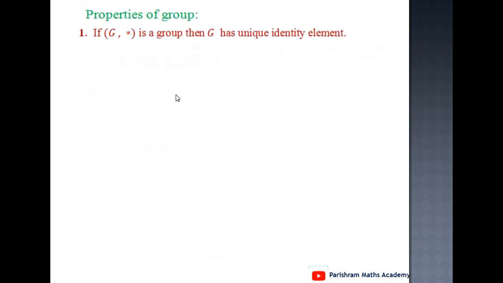Properties of group. First property of group: if G comma star is a group, then G has a unique identity element. That is, the identity element of any group is unique. Second, if G comma star is a group, then every element of G has a unique inverse. If you take any element of group G, the inverse of any element is always unique.